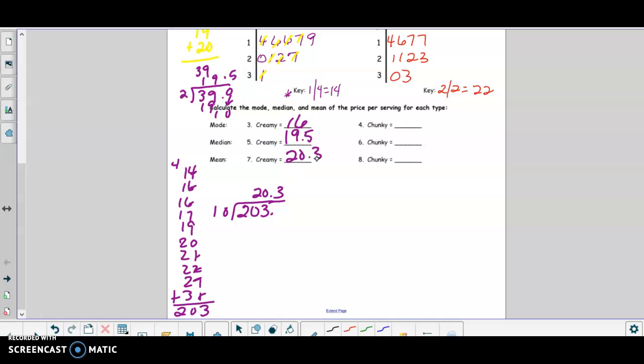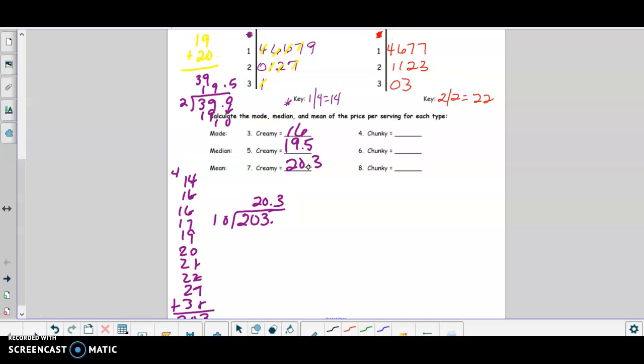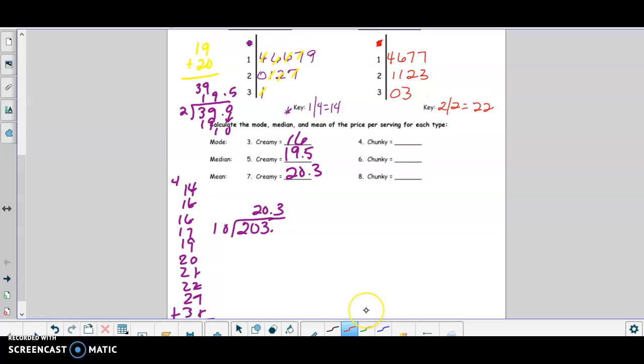So in creamy, our mode, the most common amount, the one that showed up the most, was 16. Our middle amount was 19.5 cents, and our average amount was 20.3 cents. So then we can look at our crunchy, or chunky as they call it, and we can see that the mode here, we actually have two modes.